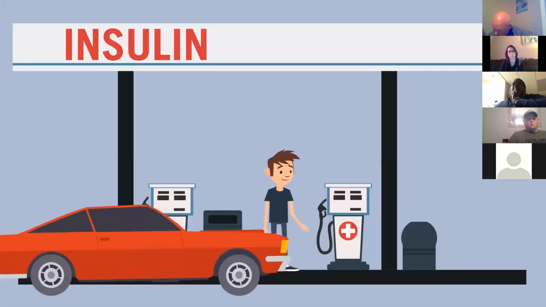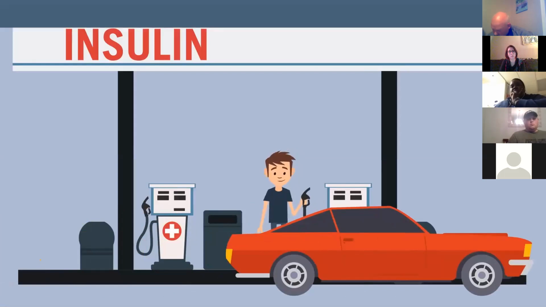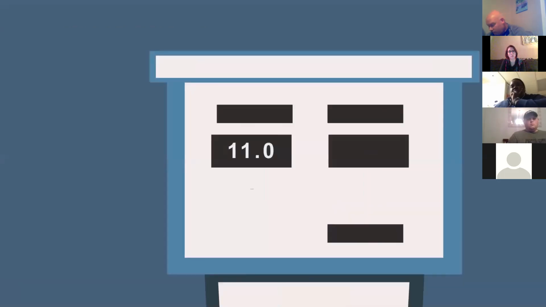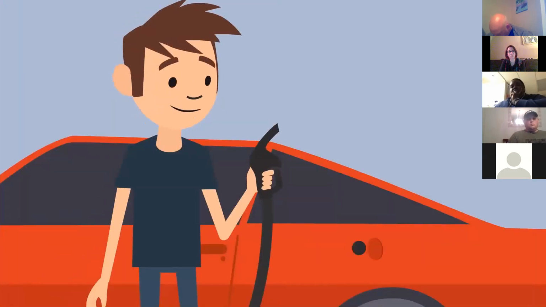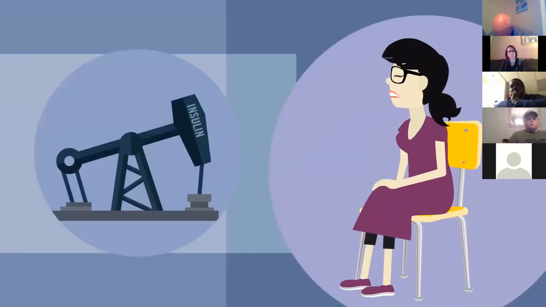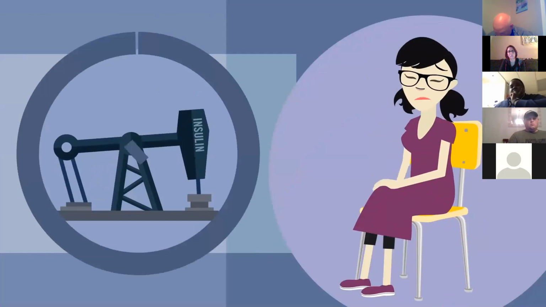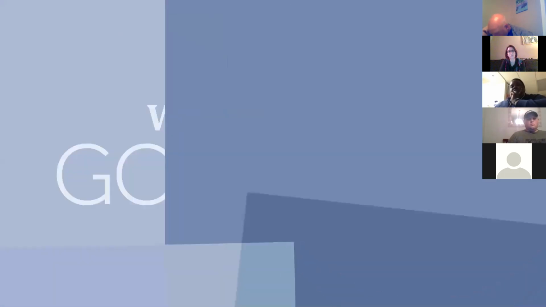Your body breaks down the carbs into sugar, which then goes into your blood. Think about it like filling up the gas tank in a car. When you eat, your body stores the carbs to use as energy when you need it later, like filling up the gas tank. Insulin is what opens the tank to let the gas in. As someone with type 1 diabetes, you don't produce insulin naturally, so the sugar doesn't get to where it's supposed to be, which is why you take insulin.